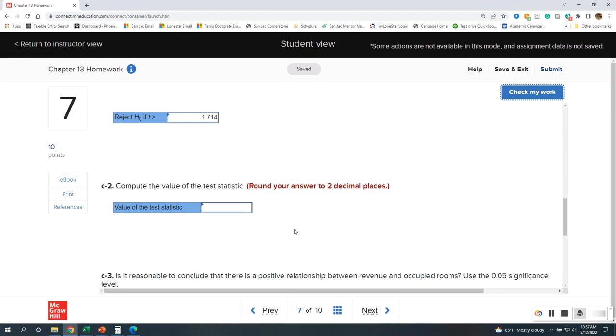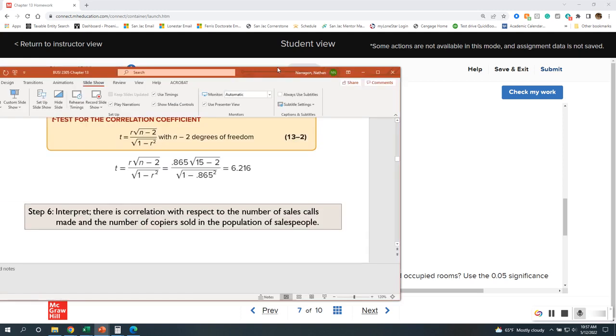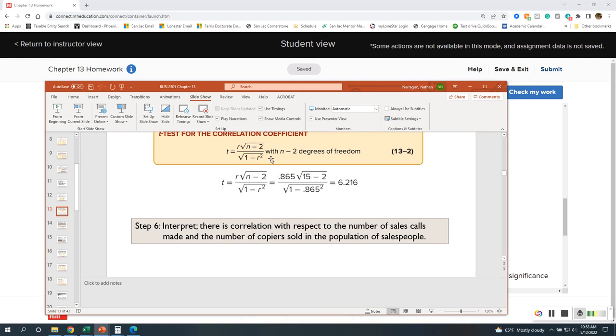Now we're going to compute the test statistic. Which again, we got to go find the formula. Remember, there's multiple formulas for testing t. So again, it's this formula right here.